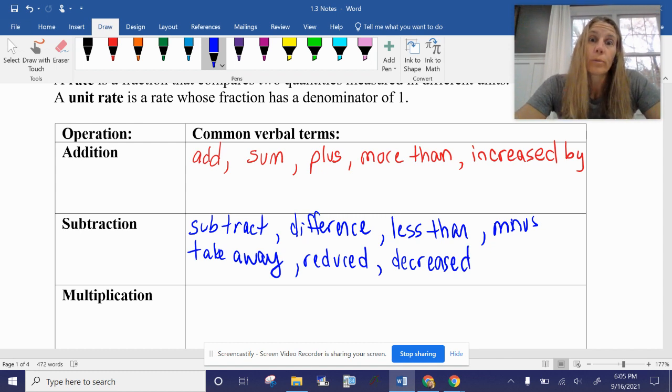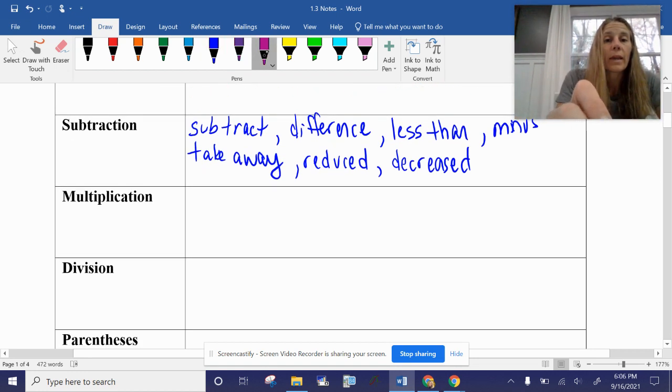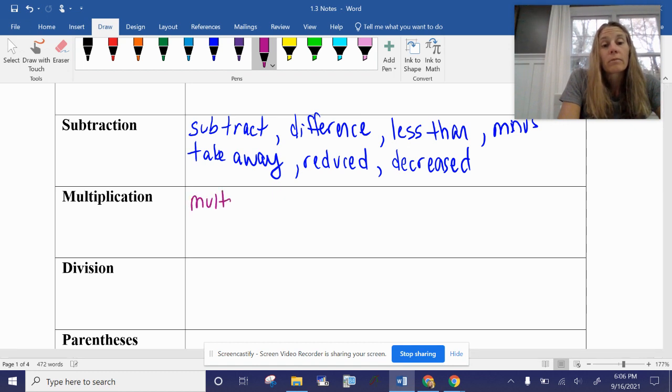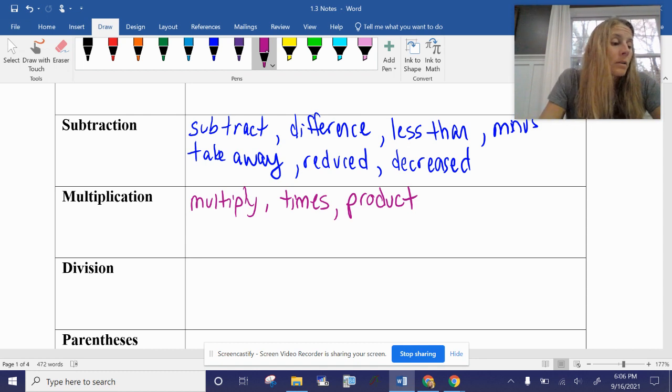So now let's talk about multiplication. For multiplication, of course, we have multiply or times. Those are pretty common ones. But product is a word that we use to talk about the answer to two things that are being multiplied. Some other words would be the word of.